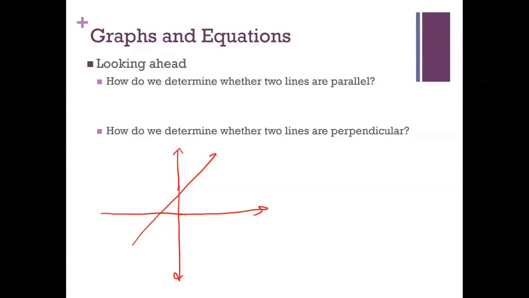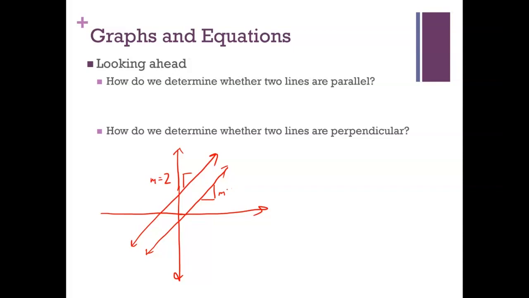If I draw you a line, and I draw you a line that's parallel to it, let's say the slope of this line right here is 2. What's the slope of the other line?